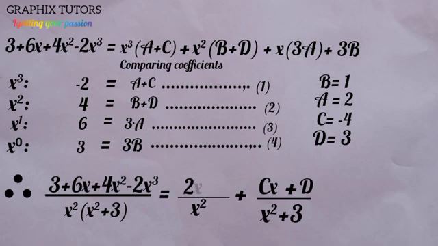So I'm going to input 2 as a. So we're having 2s plus 1 because our b is 1, all over s squared, plus our c is minus 4. So we have minus 4s plus our d is 3. So plus 3 all divided by s squared plus 3. So this is our answer.